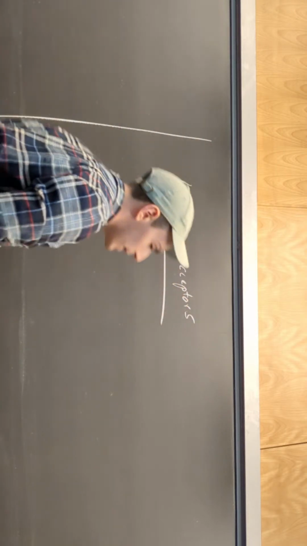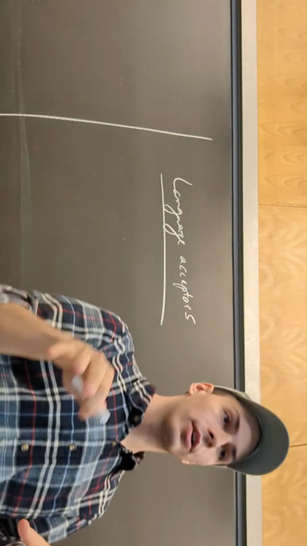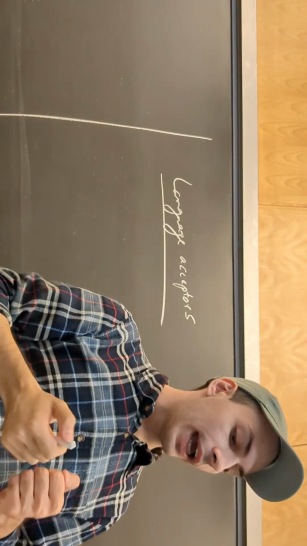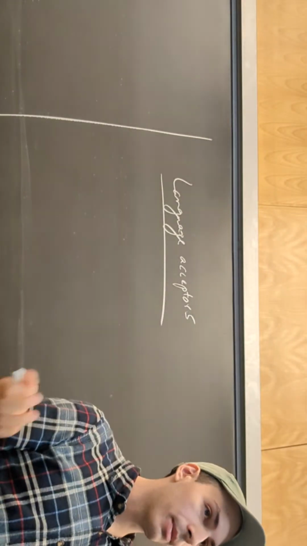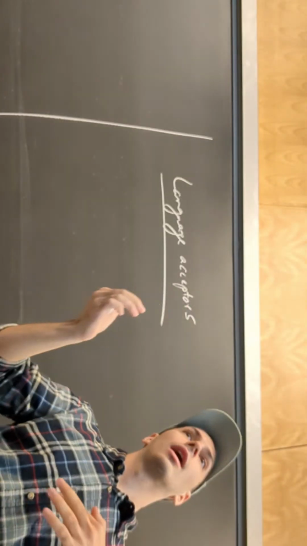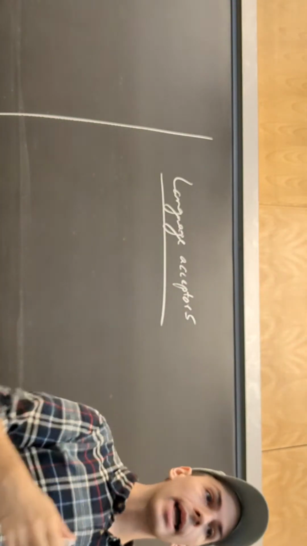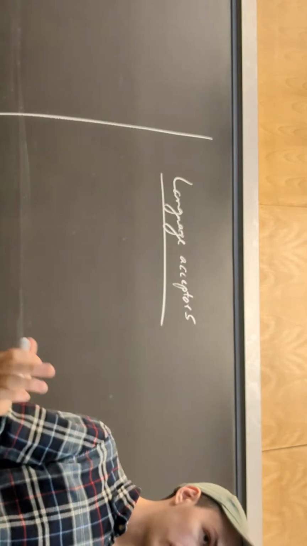Language acceptors are the models of computers that we're designing to approximate the modern day computer, right? So if we have a very simple model of computation, one that, for instance, is not using any memory, and that model of computation can distinguish between elements in a language and not in a language, then that means that language is very easy to recognize, or in other words, that decision problem is very easy to solve. Okay?